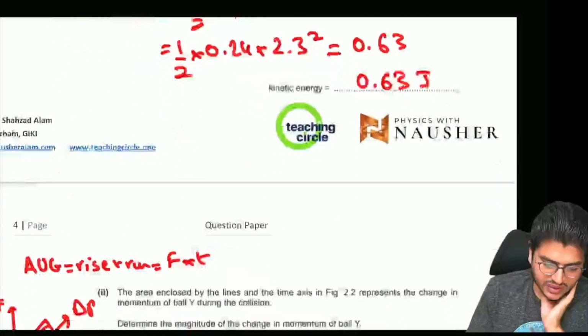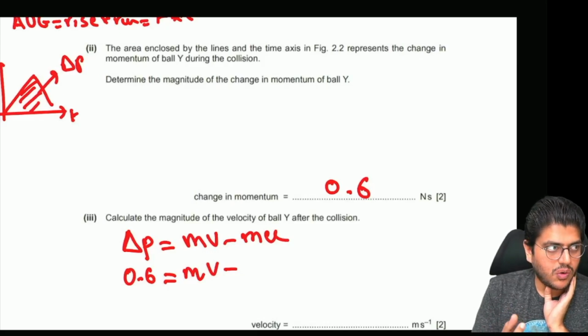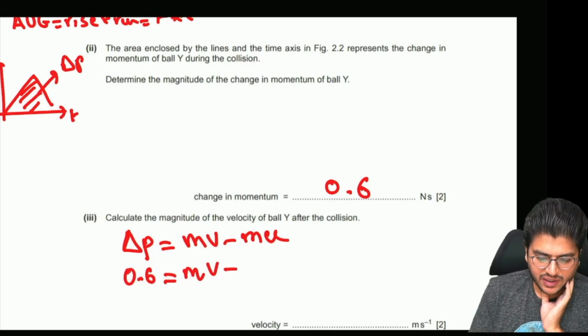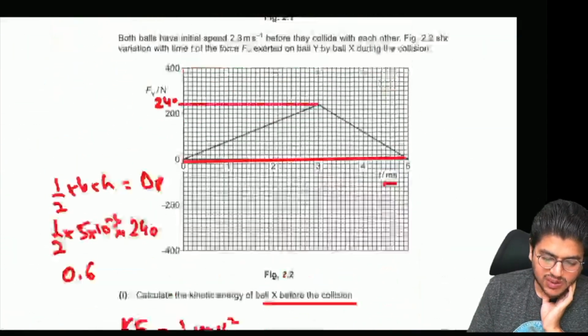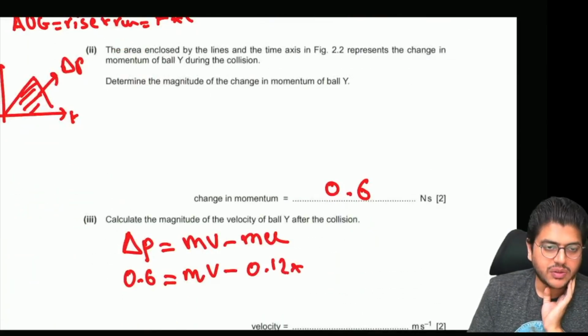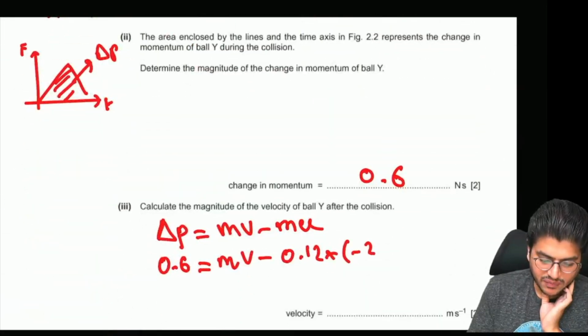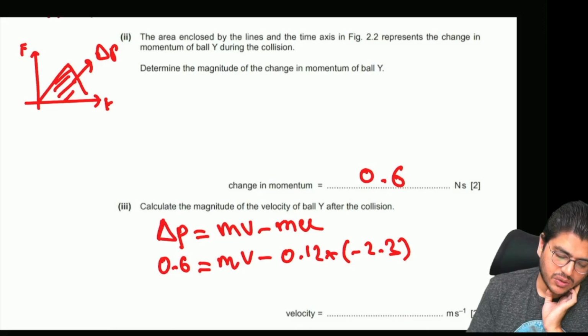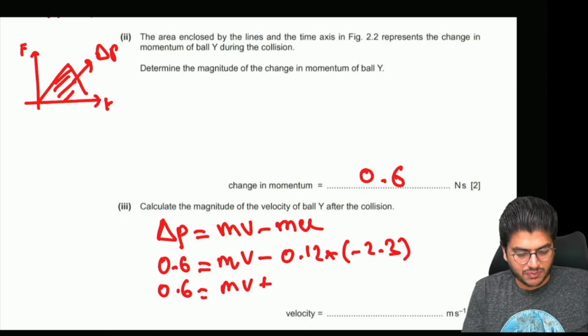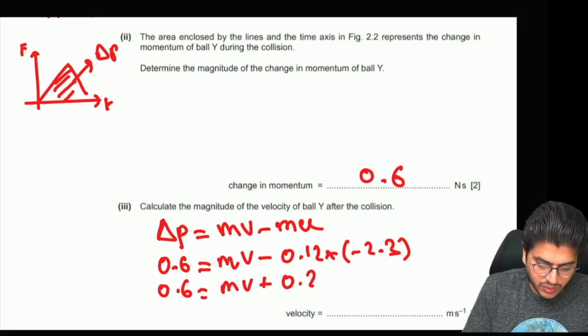So I'm going to take over here mv minus mu. I don't know what is mv, so I'm going to leave it like that. My mass was 0.12. So I'm going to write 0.12 into my initial velocity, which was minus 2.3. So 0.6 is equal to mv minus, and minus will become plus, 0.12 into 2.3, which gives me 0.28.